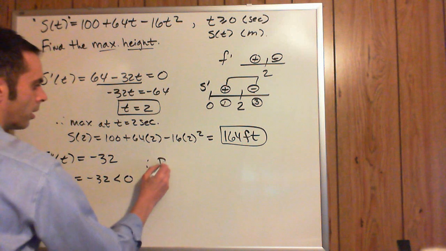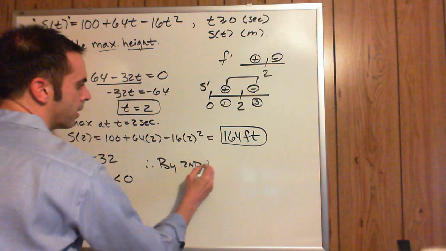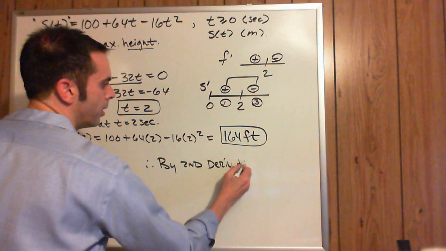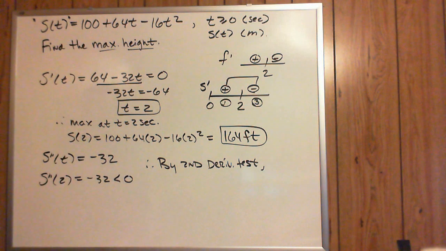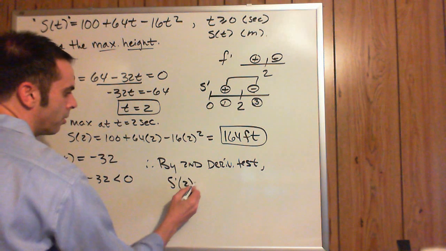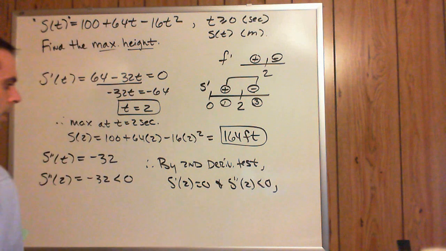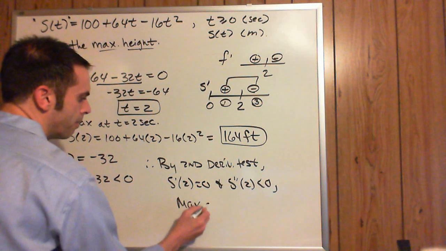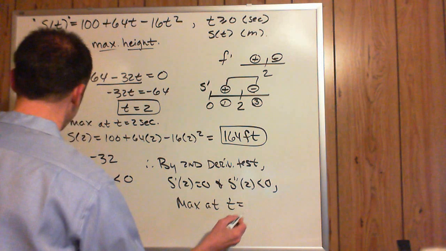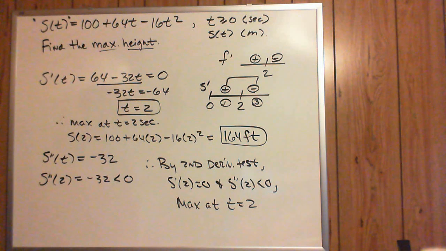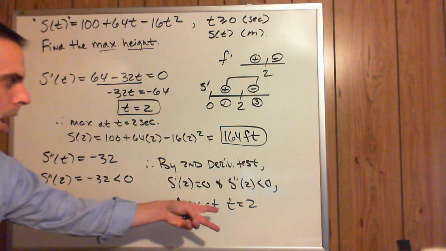So by the second derivative test, since s prime of 2 equals 0 and s double prime of 2 is less than 0, we know that there is a maximum at t equals 2 seconds. And again, by substituting back into the original, we would get 164 feet.